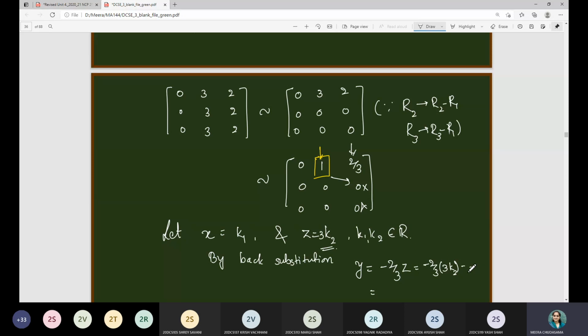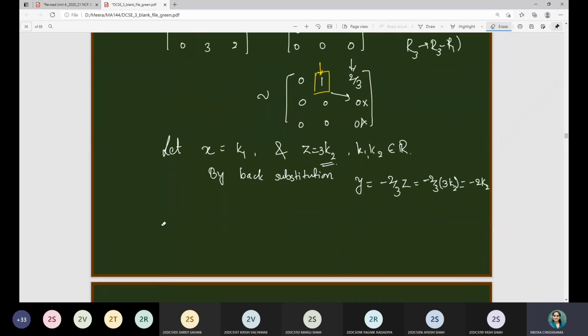So this 3 gets cancelled and this is -2k2, right? So अभी देखो y dependent मिल गया आपको which is depending on z. So therefore I will write capital X is equal to x y z as k1, y आपको मिला -2k2 और z आपको मिला 3k2.